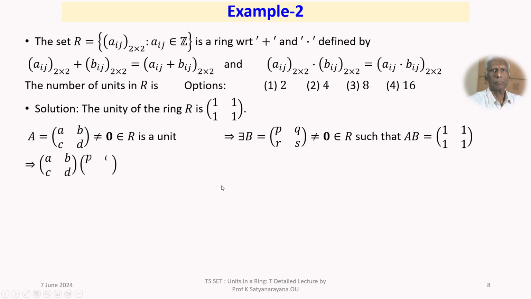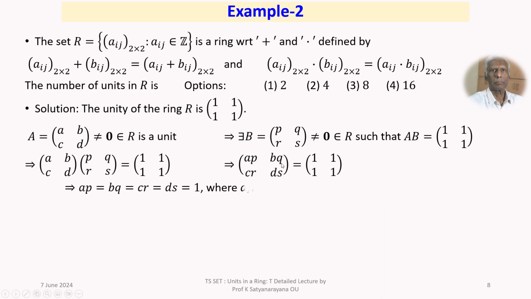Here it is component wise multiplication, not the matrix multiplication. It is AP, BQ, CR, DS, equal to 1. So that means AP is equal to BQ is equal to CR is equal to DS is equal to 1.